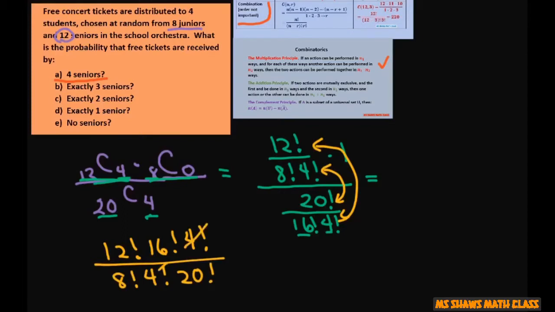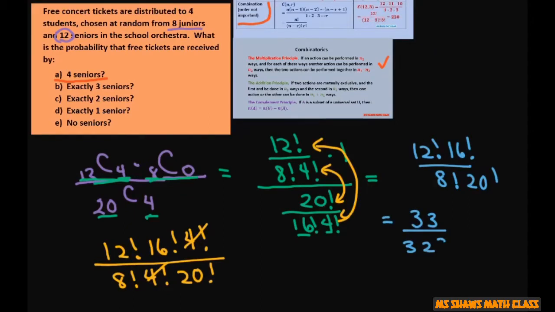Now the 4 factorials cancel, so we're left with 12 factorial times 16 factorial divided by 8 factorial times 20 factorial. Now that's going to give you 33 divided by 323, and that's going to be approximately 0.102.